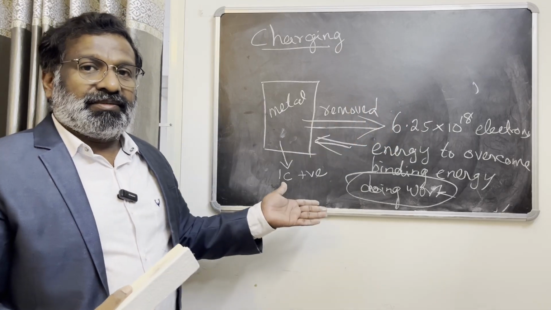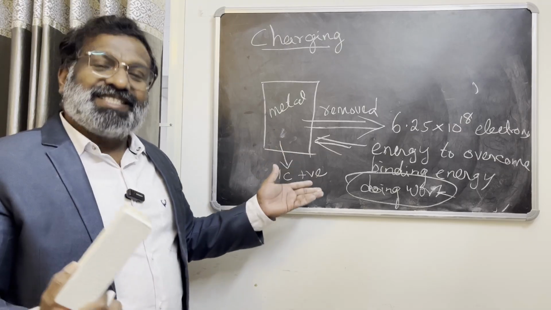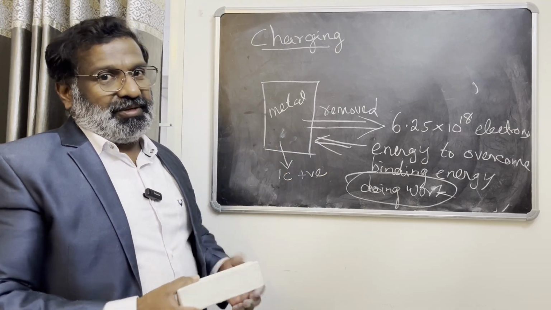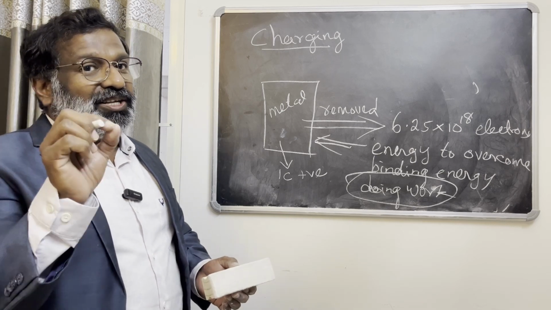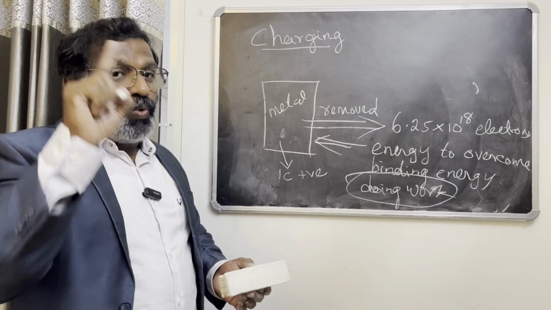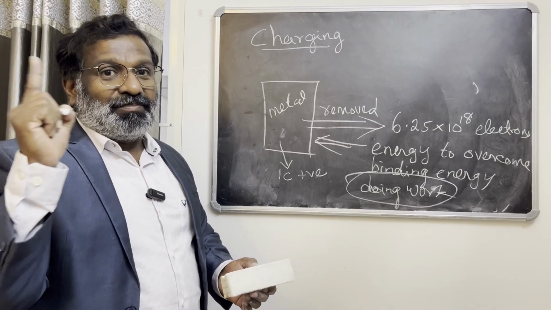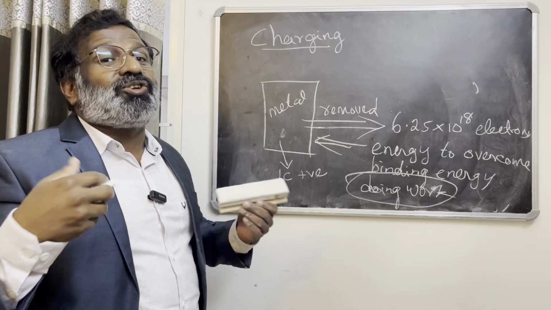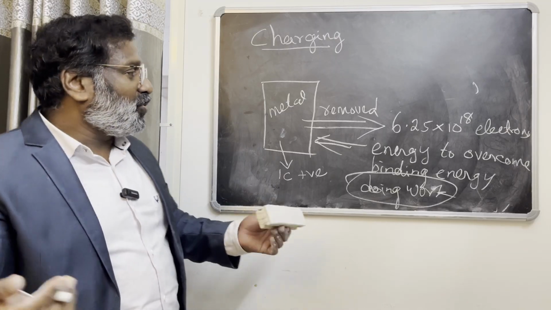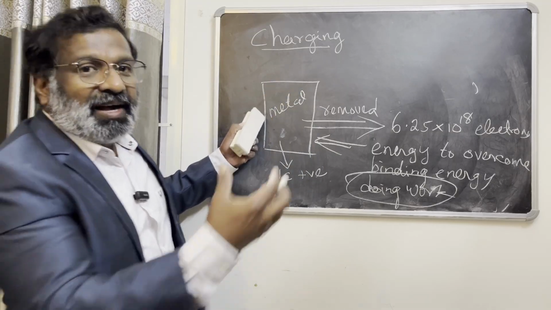Is it clear? Have you studied the energy conservation theorem? What is that? Energy can neither be created nor be destroyed, but it can be converted from one form to another form. So what I am doing to this metal plate, I am applying energy.